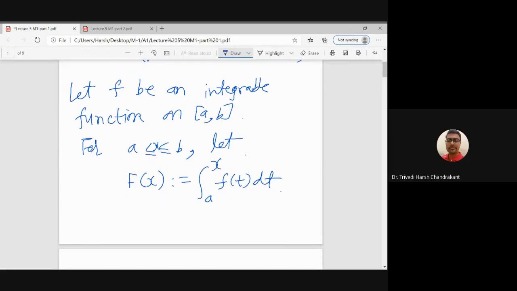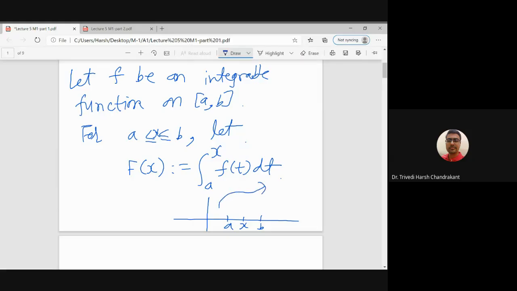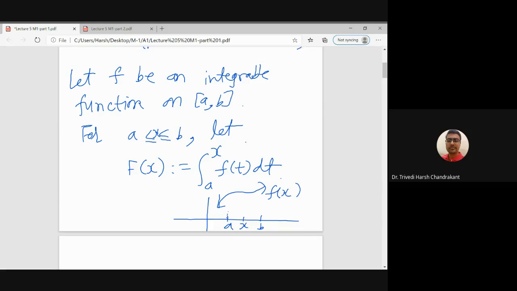If we have the interval a to b and x is any point in between, then this integral is the area under the curve fx between a and x. This area function is capital Fx.